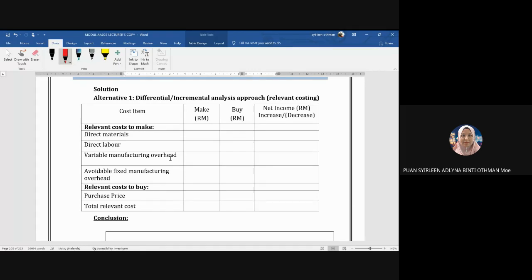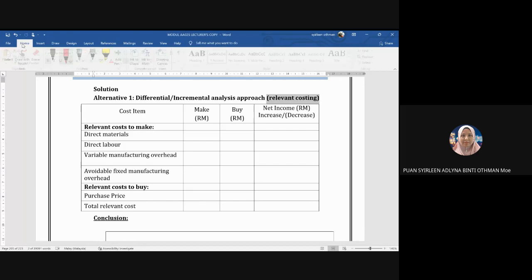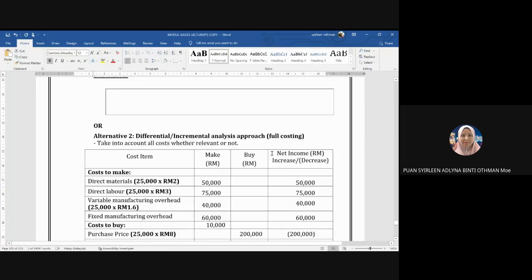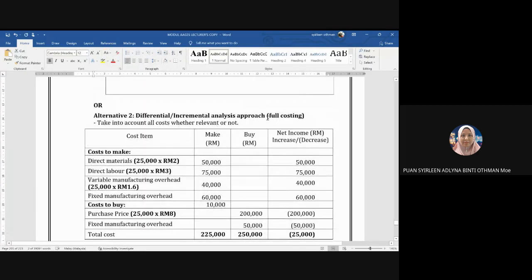Okay, kalau kamu tengok dalam nota, untuk make or buy, you ada 2 alternative. Dekat atas ni ada alternative 1, yang ini ialah relevant costing. Okay, di bawah tu you have another table. Tapi kalau awak tengok dalam bracket tu, you have full costing. Okay, I am not going to teach you this one full costing.